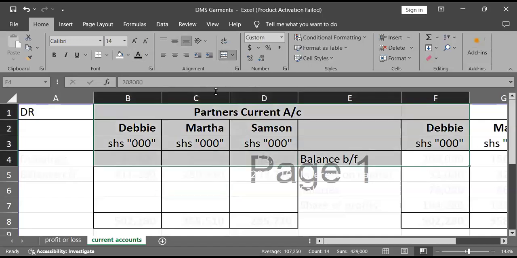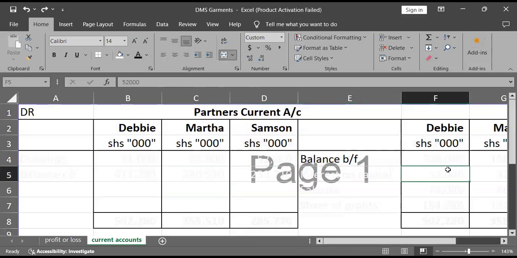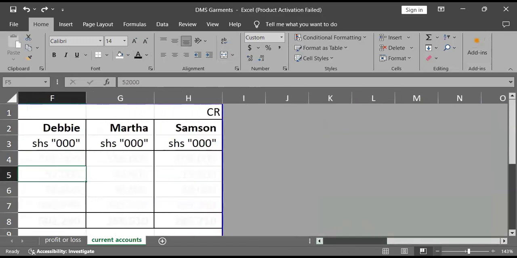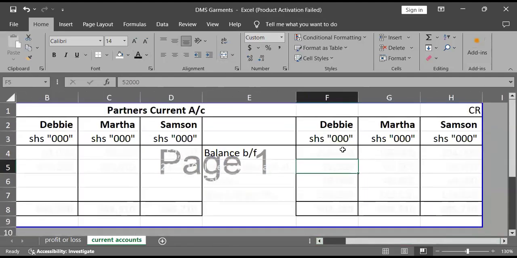For Debbie, we had 208. For Martha, we had 156. And for Samson, we had 104.